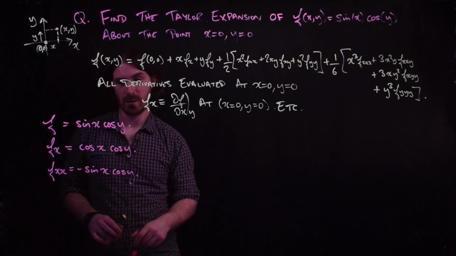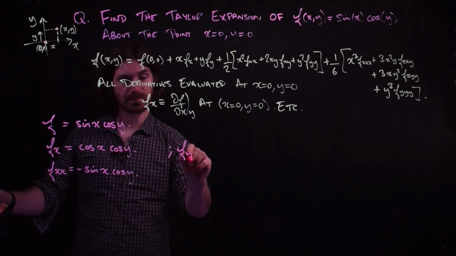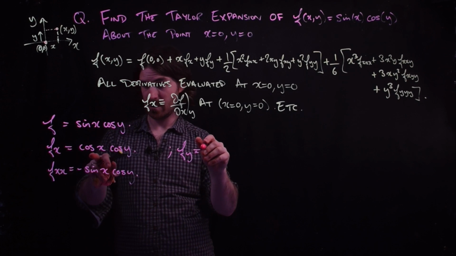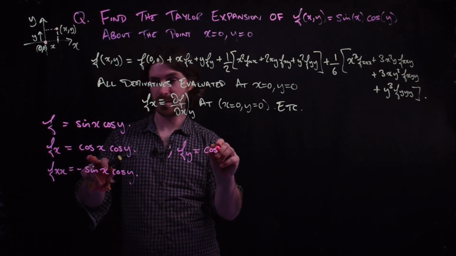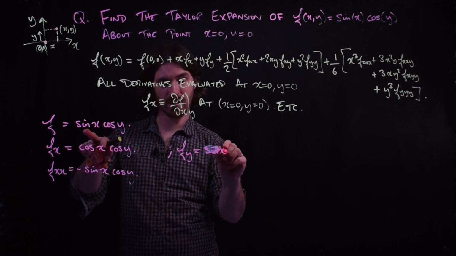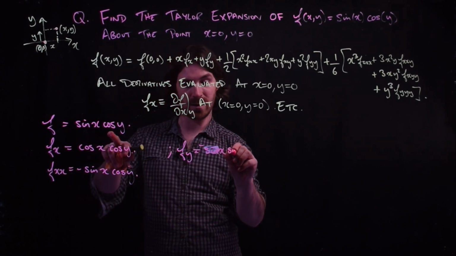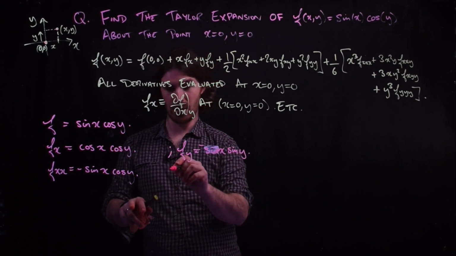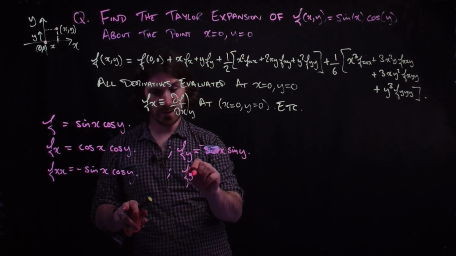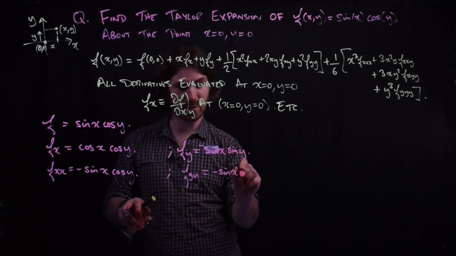If we differentiate with respect to y, sorry, our function is sine x cosine y, so we differentiate this with respect to y, we get a minus sign and a sine y. We differentiate with respect to y twice, we get minus sine x cosine y.